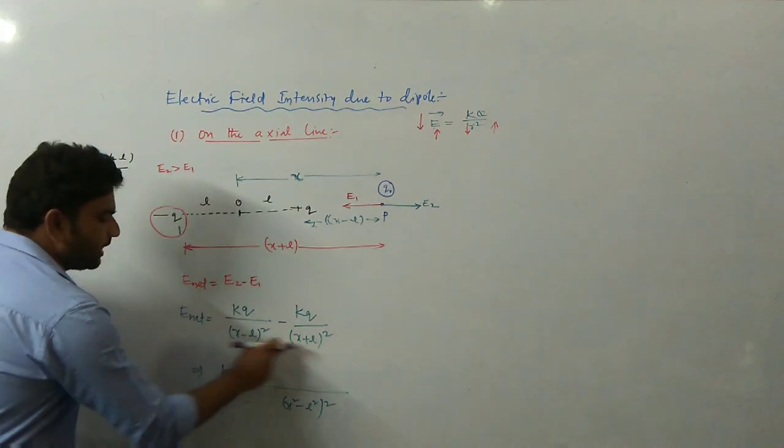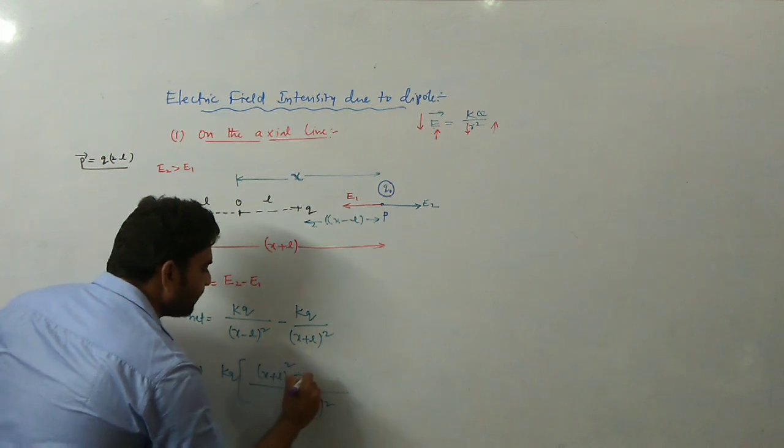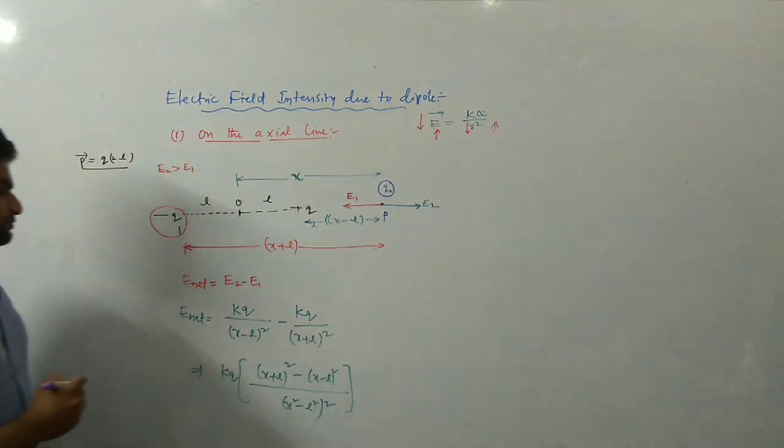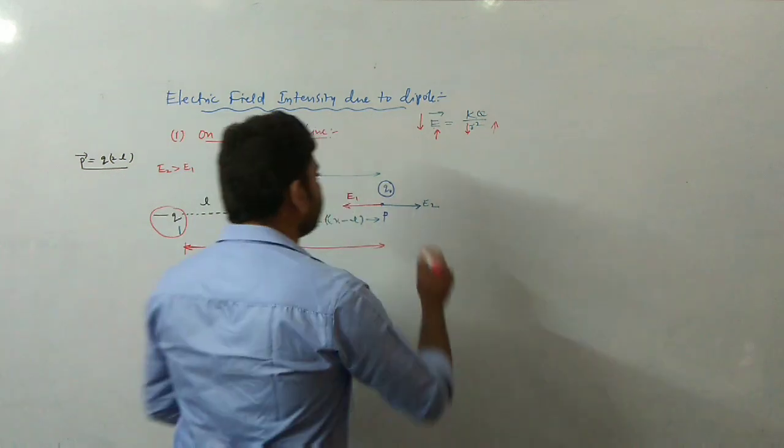If I do so, the LCM becomes x plus L whole square minus x minus L whole square, right? Okay, now on simplification, what will be the answer?